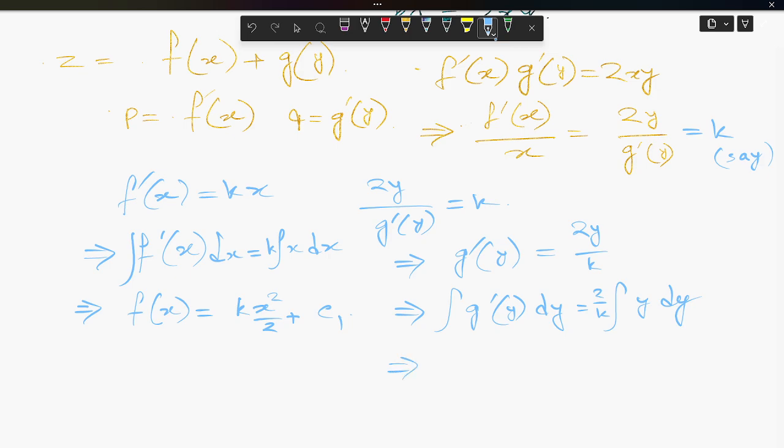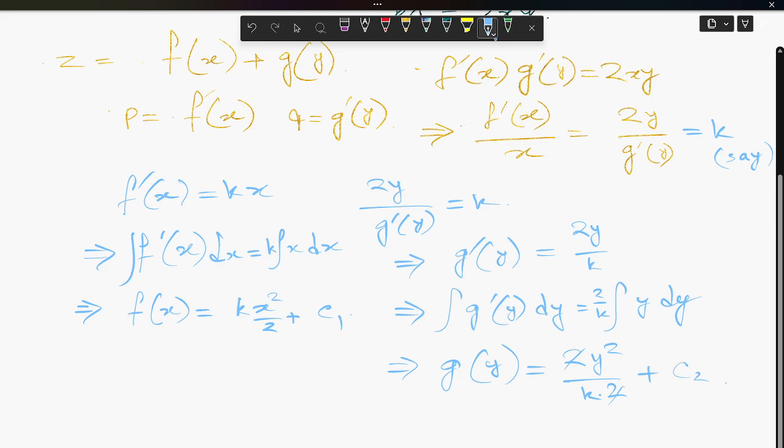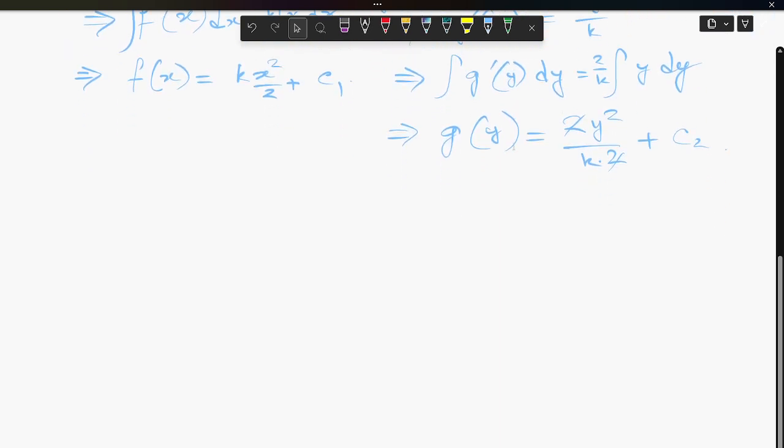So g of y will be 2y square upon k into 2, so 2 and 2 cancel out, plus c2, where c2 is the arbitrary constant of integration in this case.